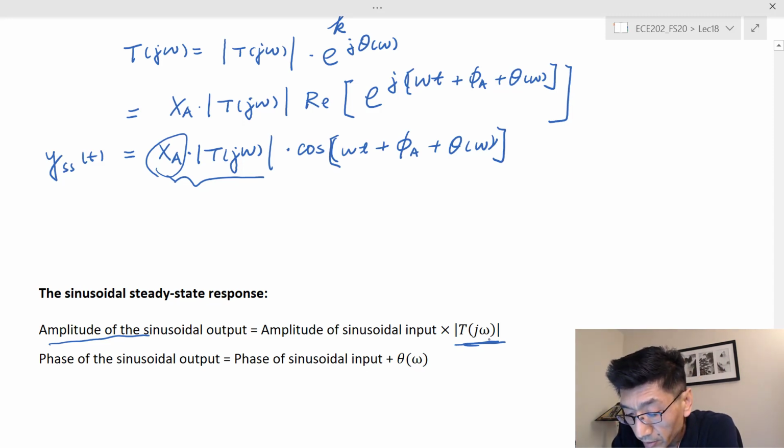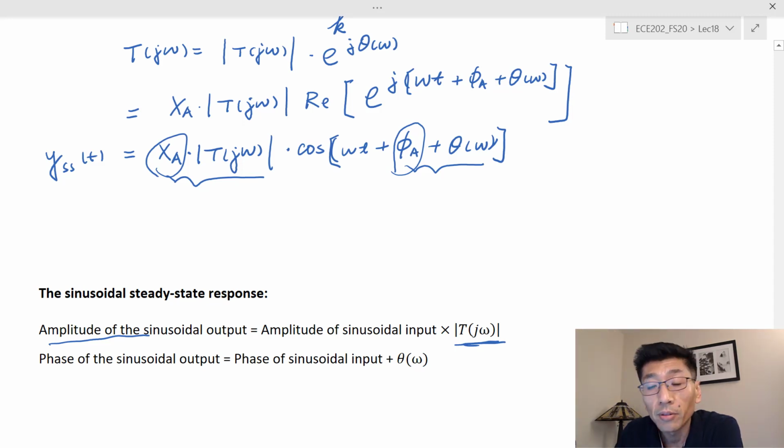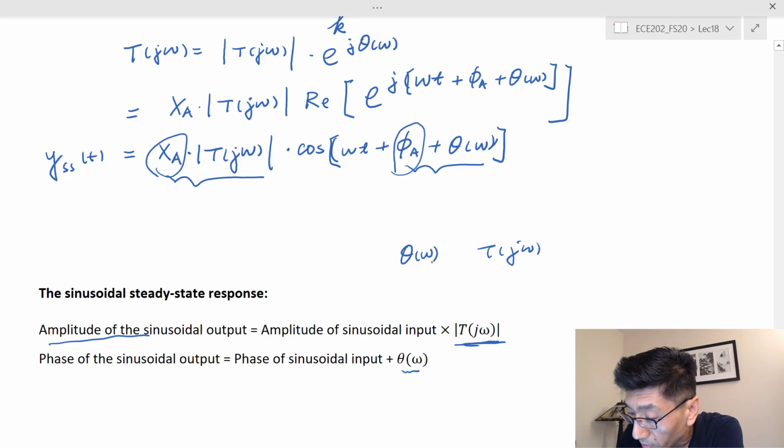And this is the phase angle. The phase angle is just the sum of the phase angle of the input signal and also the phase angle of this function T(j omega). Right. So sometimes we also write theta(omega) is equal to the angle of T(j omega).